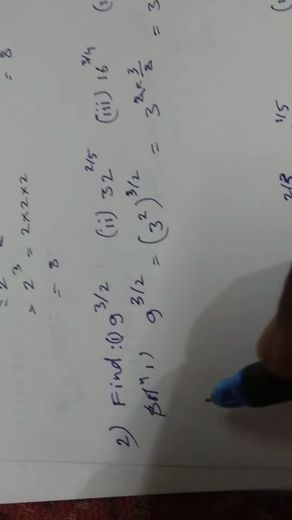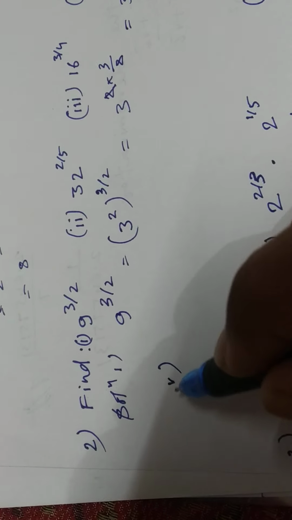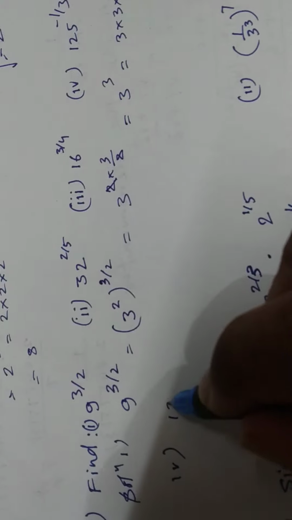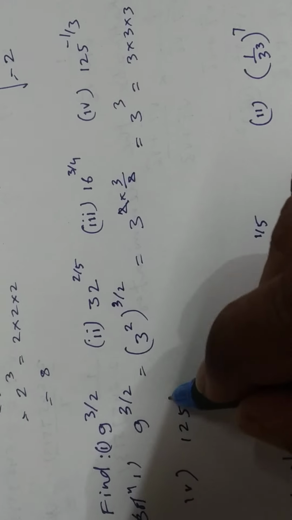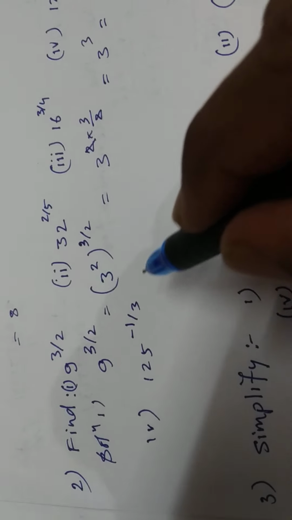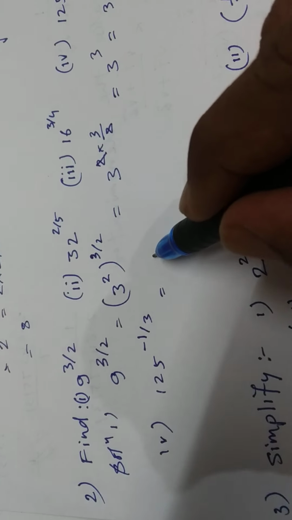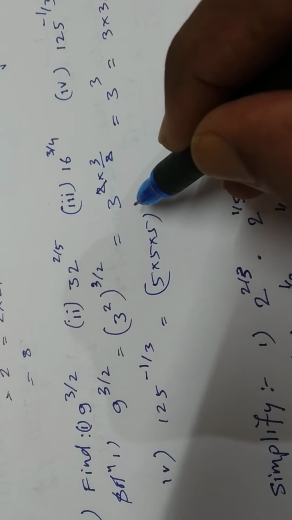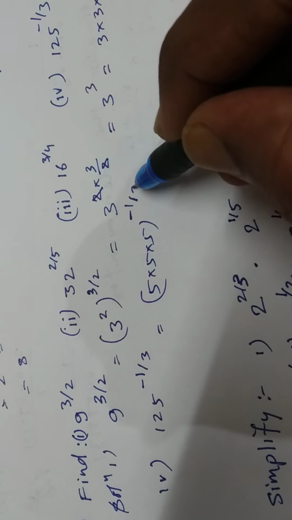Chalo, come on, the fourth one I am doing for you. The fourth one is what? 125 whole power minus 1 by 3. Right? So let us write down. 125 means 5 into 5 into 5. That is minus 1 by 3.